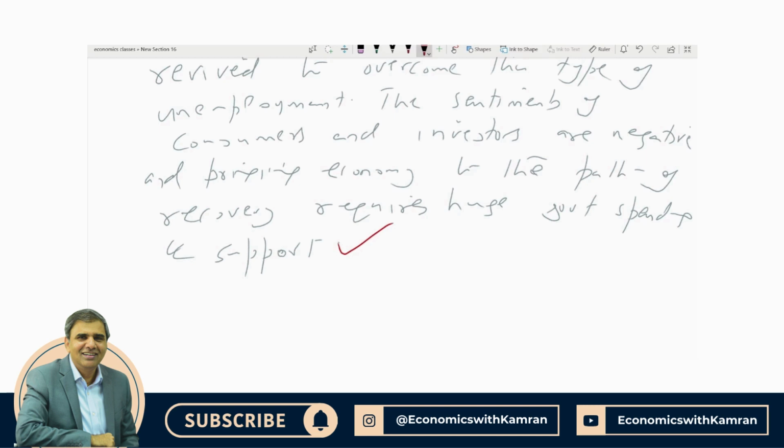It needs a lot of spending on the part of government and a lot of support because people's sentiments are negative. No one wants to invest in a situation where there is recession, political instability, economic instability. So, to address this cyclical unemployment, we need to ensure political, economic stability, more consistency in government policies, more proactive role of the government, and only then this type of unemployment can be addressed.